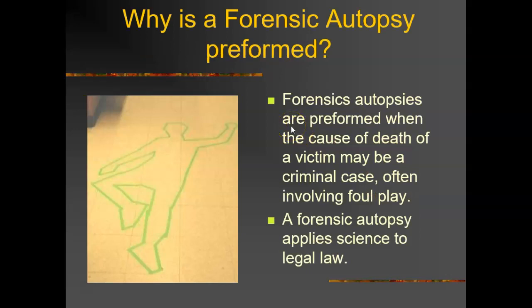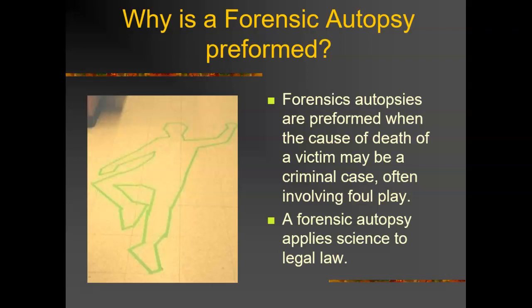So why would a forensic autopsy be performed? They are performed when the cause of death of a victim is unknown. It can be performed when there's a criminal case involving foul play, and it helps to apply science to law.